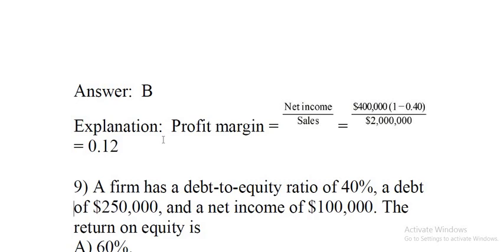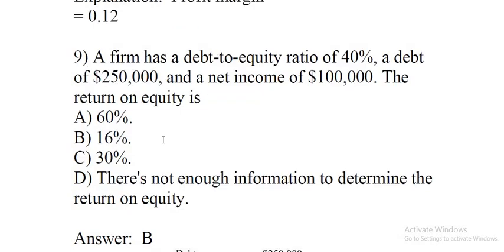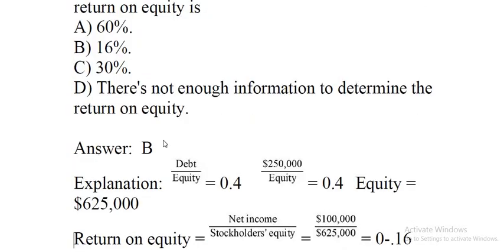The next question. A firm has a debt to equity ratio of 40%, a debt of 250,000 and a net income of 100,000. The return on equity is... We can compute it simply.